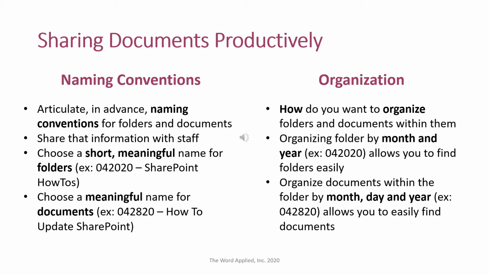The other way that you can organize your documents is by month, day, and year. And again, that allows you to easily find documents by specific month, day, and year. Now that works in several situations, but again, you want to think about the organization of your folders and the documents within them in the way that makes sense for you and your team.